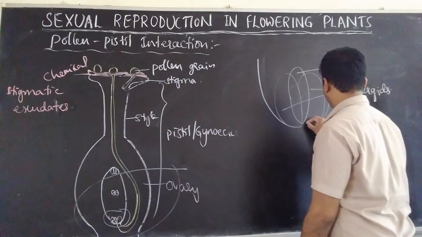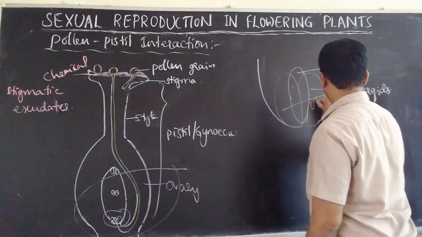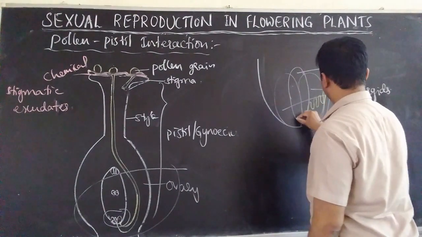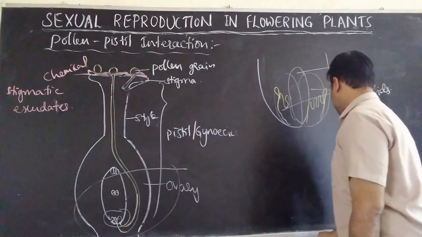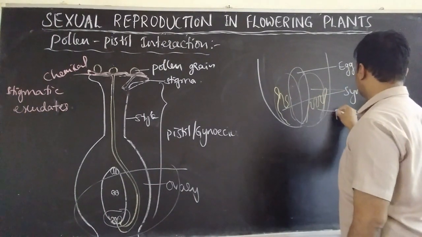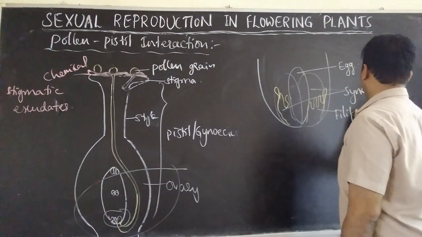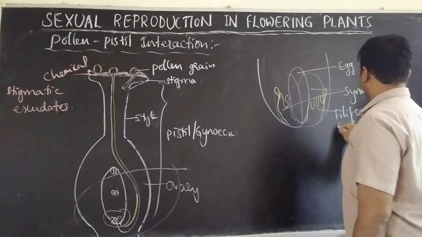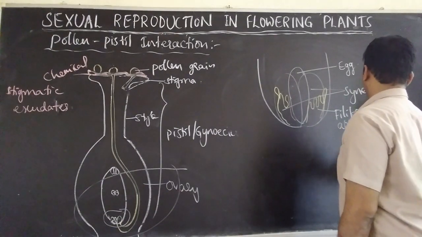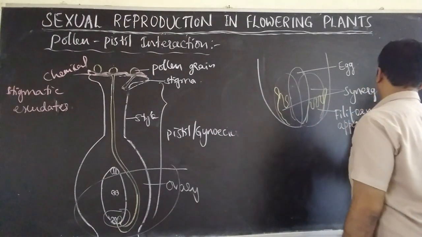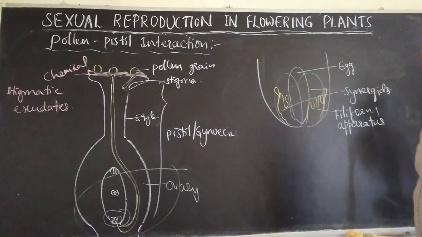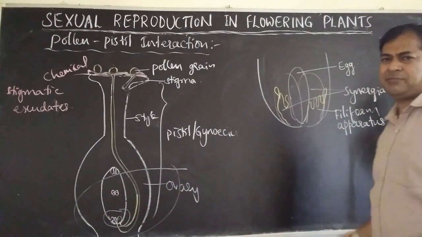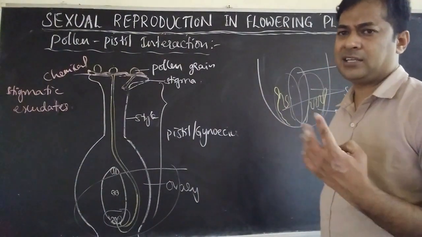Already you know this. This is what we call the finger-like structure, the filiform apparatus. Fili means finger-like structure.